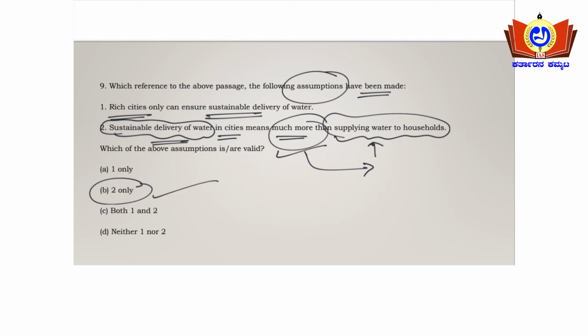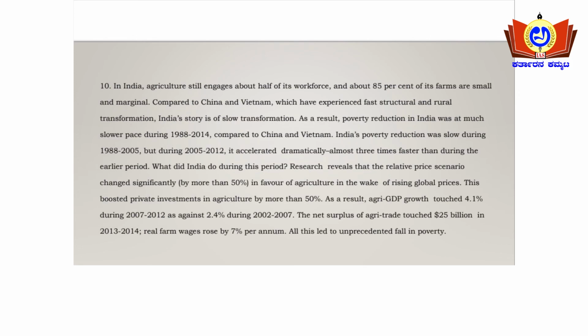Okay, moving on to the next question. In India, agriculture still engages about half of its workforce and about 85% of its farms are small and marginal. Compared to China and Vietnam, which have experienced fast structural and rural transformation, India's story is of slow transformation.